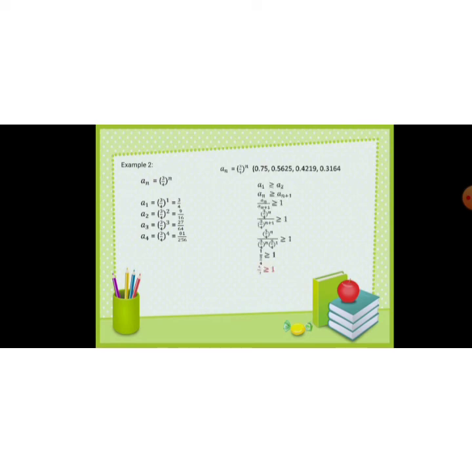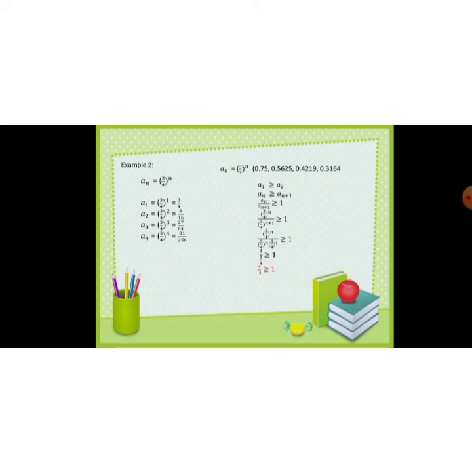So to test, a sub 1 is greater than or equal to a sub 2, and a sub n is greater than or equal to a sub n plus 1, and a sub n over a sub n plus 1 is greater than or equal to 1.